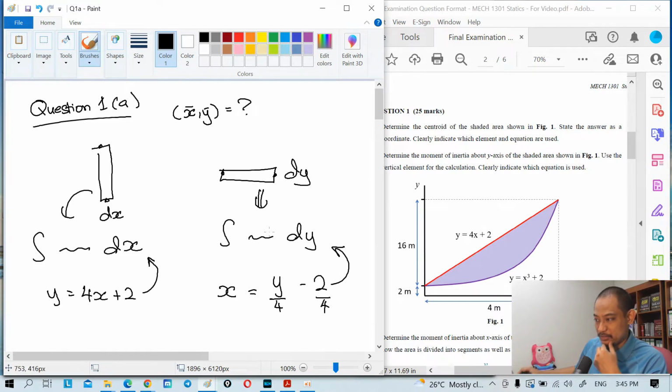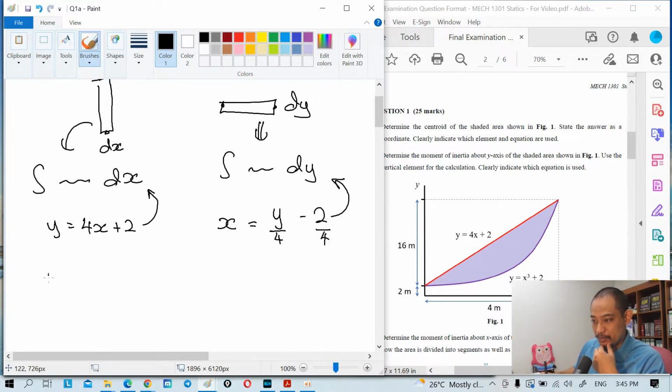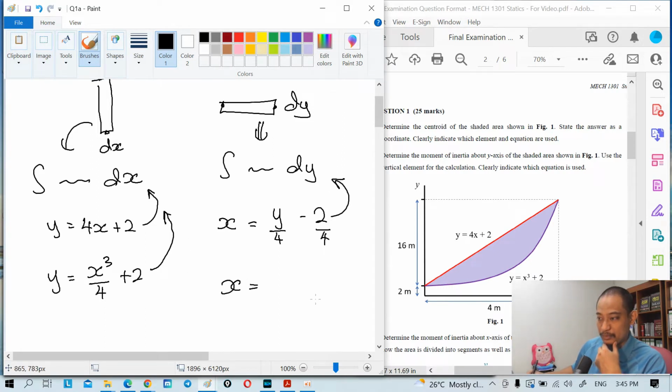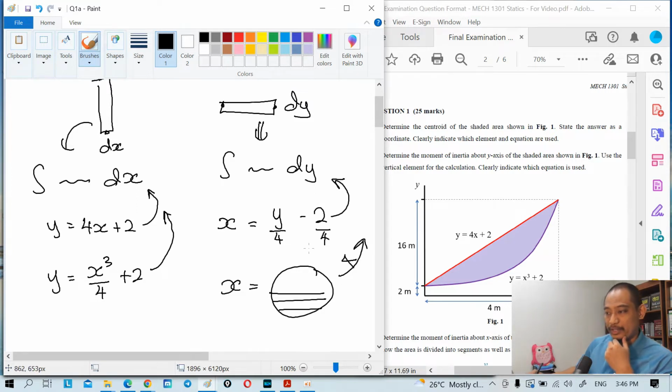But the other equation here, y equal to x cubed over 4 plus 2, you can integrate with respect to dx. But if you want to do it the other way, can you determine x in terms of y? If you cannot, then this is not possible. So you have to use this one.